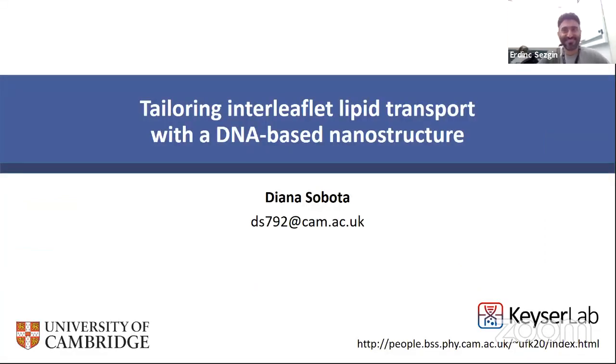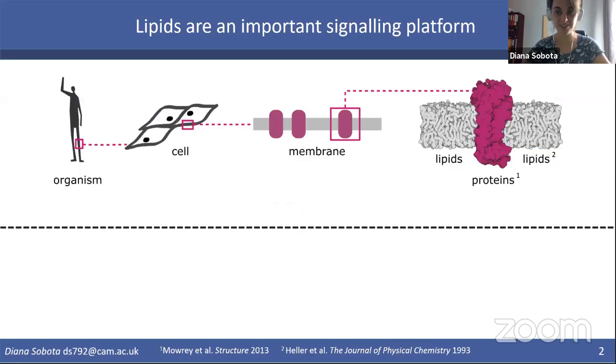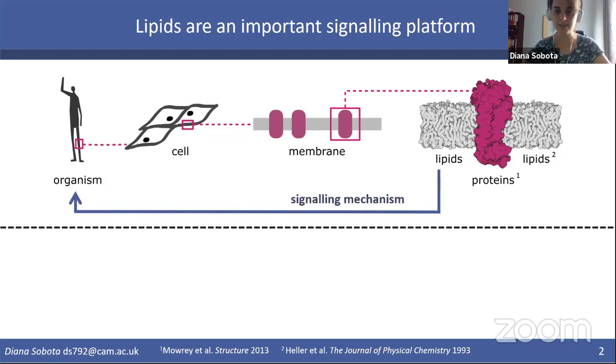Okay, perfect. Yes, so the paper that I will be talking about, and also I will tell you slightly more from behind the scenes, is about tailoring interlipid transport. And as I mentioned, I look at lipids from a slightly different perspective than my colleagues. In particular, I'm really fascinated by the level of control that lipids themselves have over organism and cell.